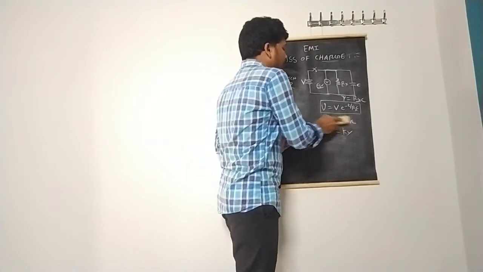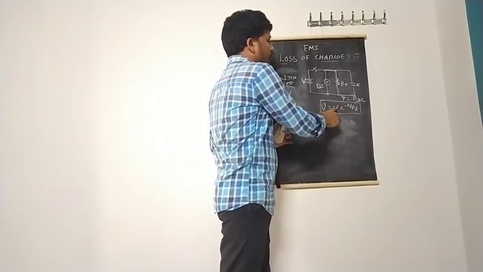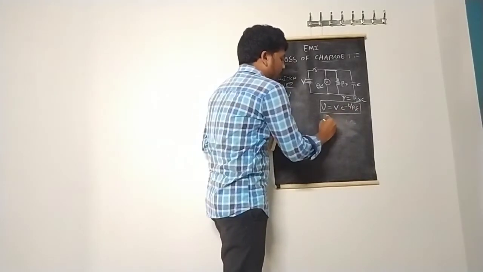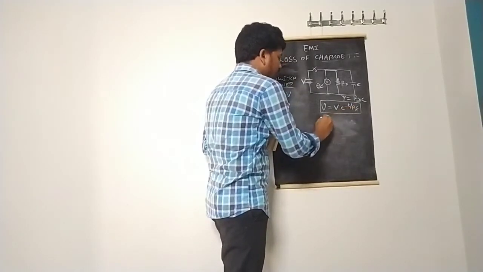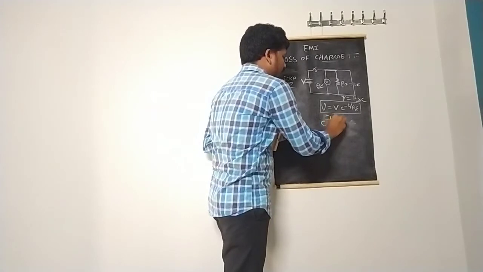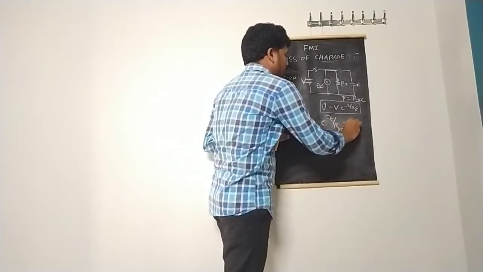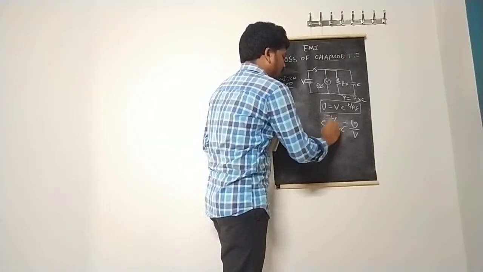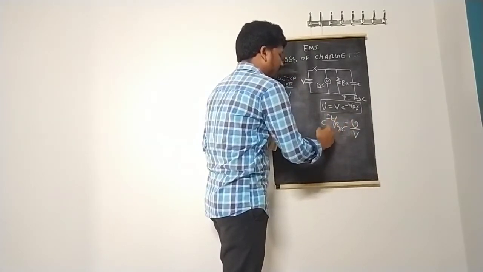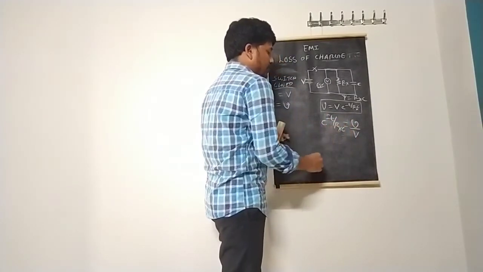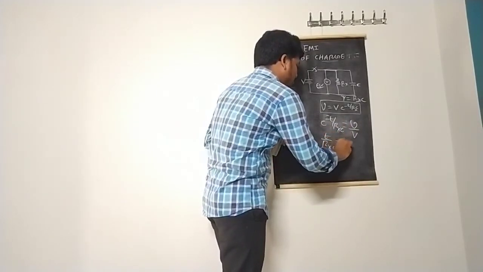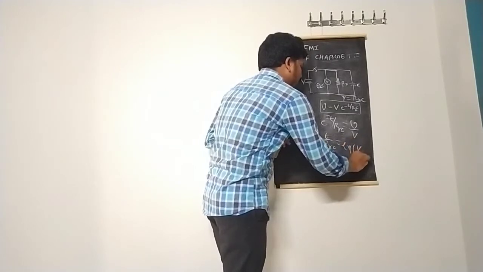Parallel RC, not RLC. So v is equal to V into e power minus t by RxC. From this I want the Rx value. For that, e power minus t by RxC is equal to small v by capital V. Taking the negative t power to the other side, e power going to the other side becomes natural logarithm. Then t by RxC is equal to ln of capital V by small v.